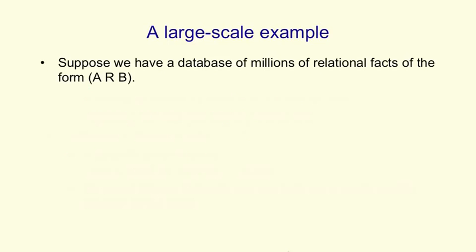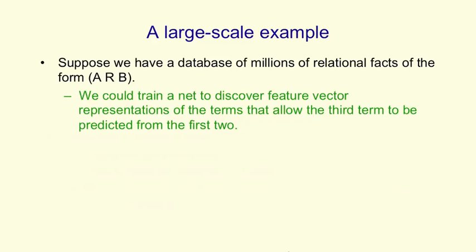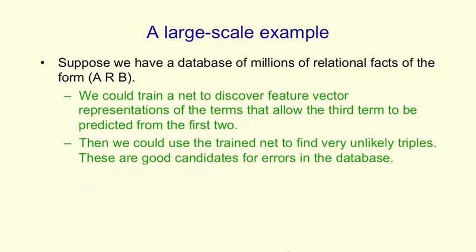Now we have much bigger computers, and we have databases of millions of relational facts, many of which are of the form A, R, B. A has relationship R to B. We could imagine training a net to discover feature vector representations of A and R that allow it to predict the feature vector representation of B. If we did that, it would be a very good way of cleaning a database.